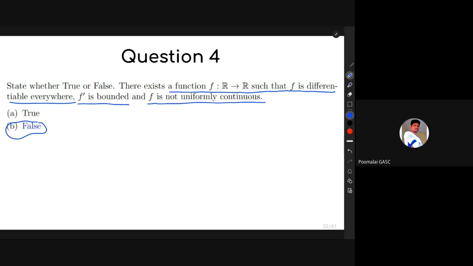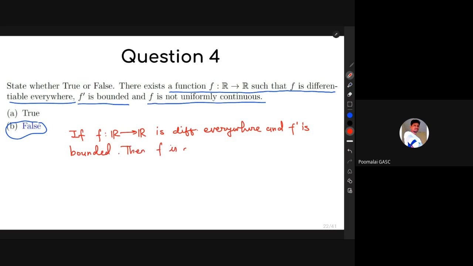So we will prove the falseness of this statement by proving that if f from R to R is differentiable everywhere and f prime is bounded, then f is uniformly continuous.